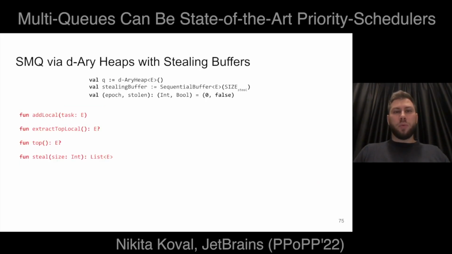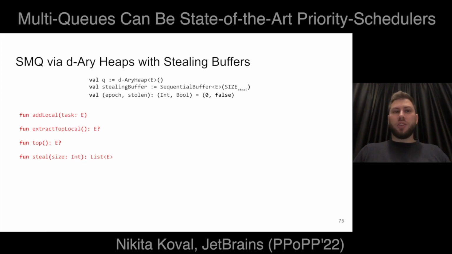In our paper, we suggest using DRE heaps with the special stealing buffers for performing stealings by other threads, and these DRE heaps are fast as they are sequential, so we can benefit from this, and the stealing procedure is kind of supported externally.